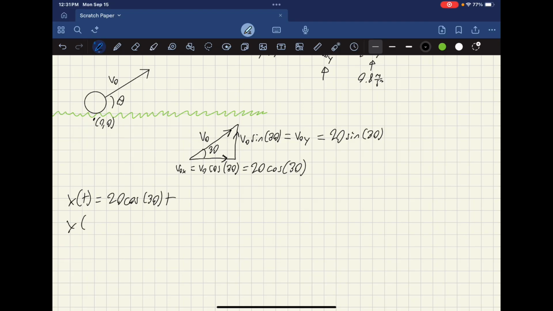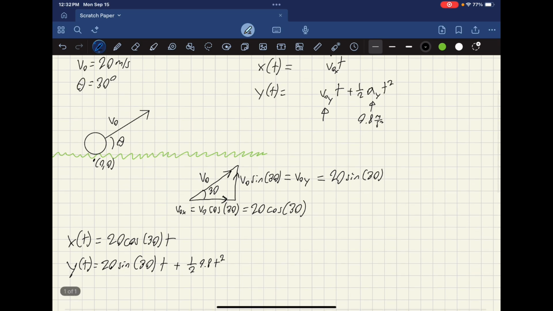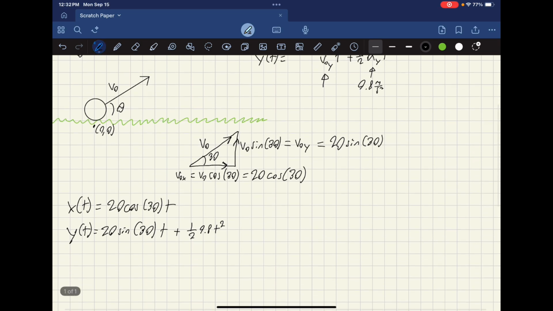And then y of t equals 20 sine of 30 times time plus 1/2 acceleration in the y direction, which is 9.8 times time squared. So these are our full kinematic equations for the horizontal and vertical displacement.